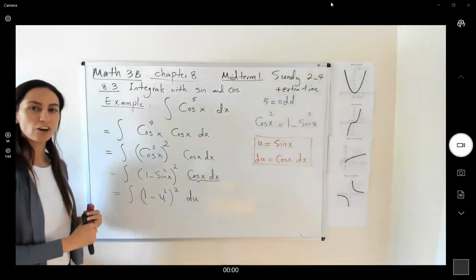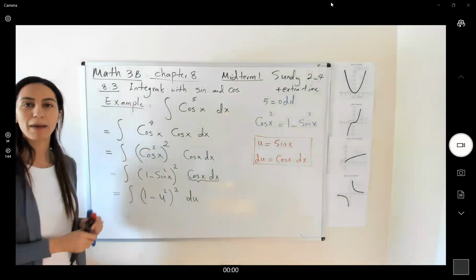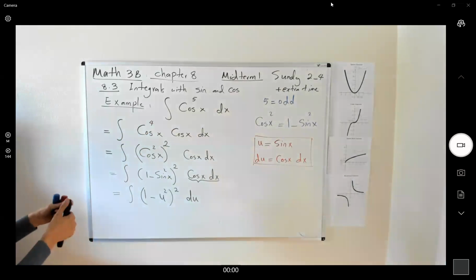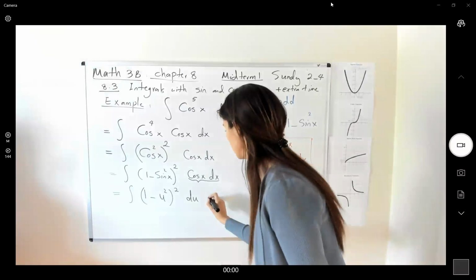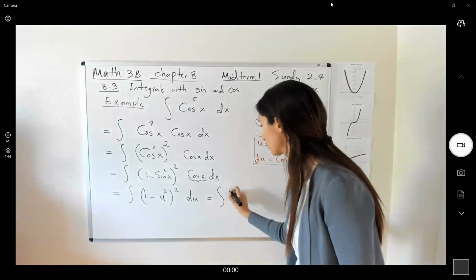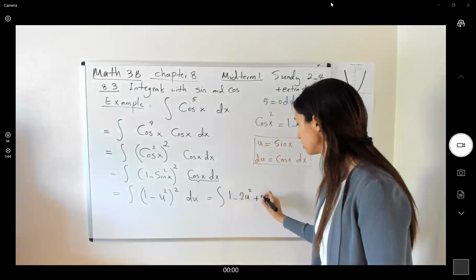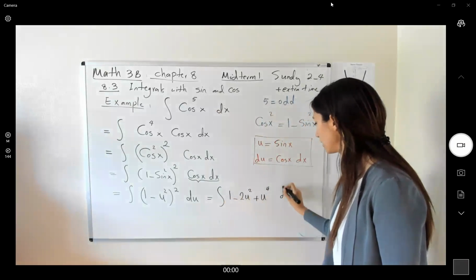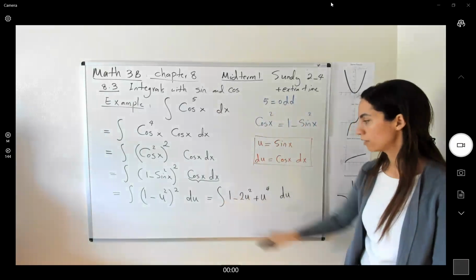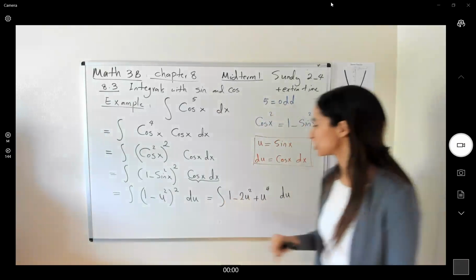To take this integral, let us write it in expanded form. This is equal to the integral of 1 minus 2u squared plus u to the fourth du. Now I know how to find this integral.